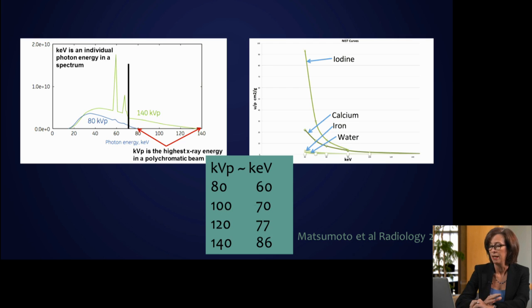But in reality, 70 keV more closely approximates what we see when we're doing dual energy, monoenergetic imaging compared to single energy at 120 kVp. So our PACS equivalent at UAB is 70 keV, and you'll understand what that means in just a few moments.